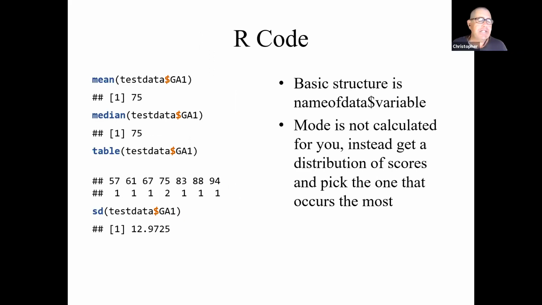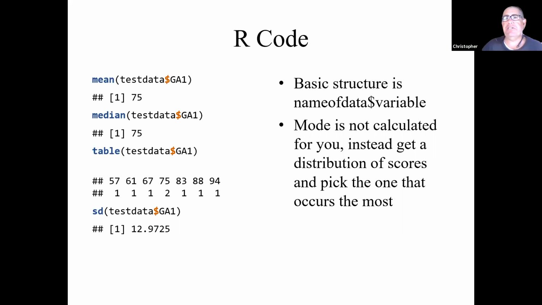All right, just a little bit on how you would do these analyses with R, and this is also covered in the text of the tutorial. I've created a data file called test data, and the different variables are just the different GA scores. One thing we can see, basic structure like we saw before, name of the data, $, name of the variable. You can see we can ask for the mean of our variable, which I call GA1, the median.